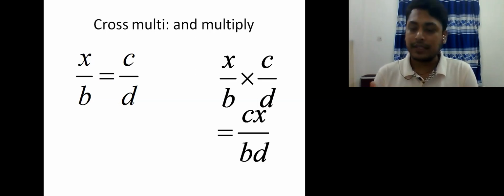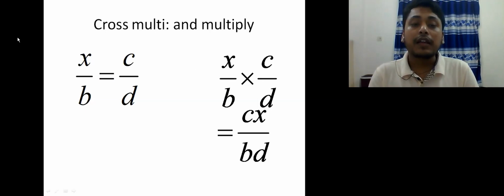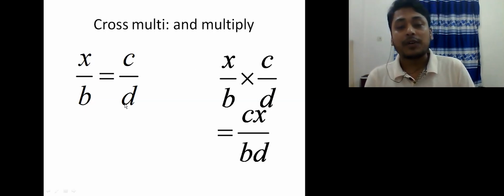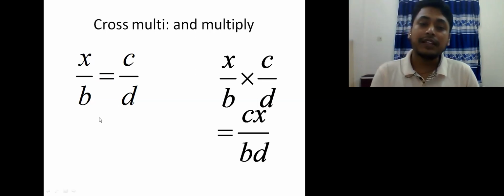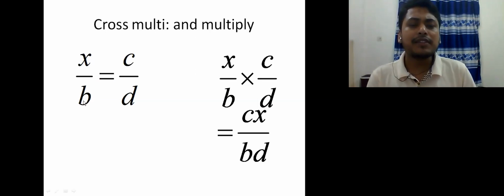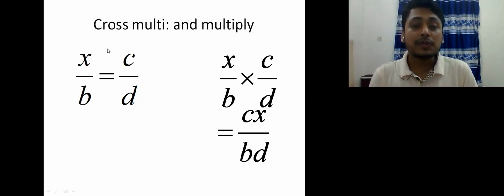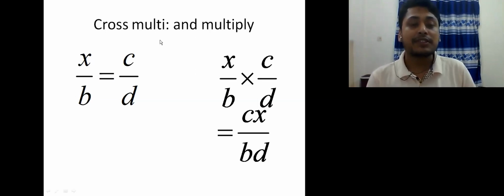But for cross multiplication, you multiply left up with right down, and similarly left down with right up. You can start from any corner. Sometimes I say that cross means corner multiplication.